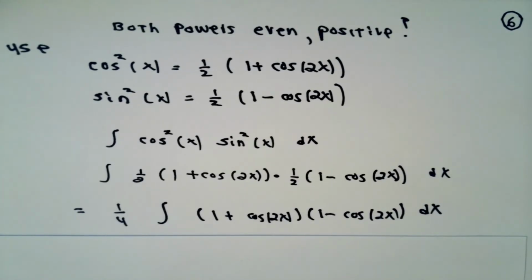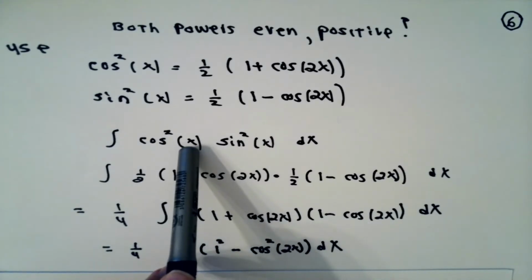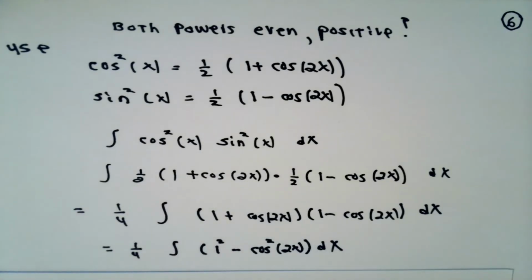Using well-known facts from algebra, that product is 1 squared minus the something squared. 1 squared, of course, is just 1. We have gone from having an integral that had two squared trig functions in it to an integral that has only one squared trig function in it.